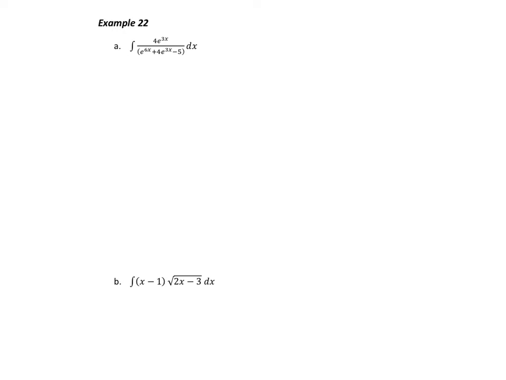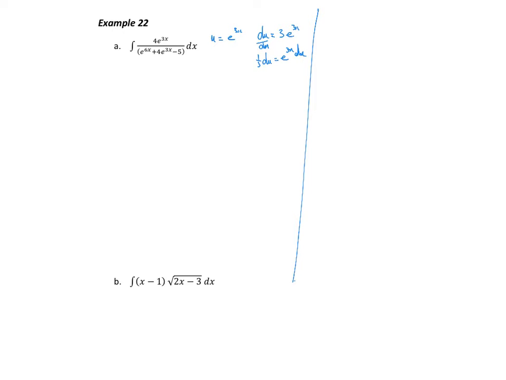All right, well, let's have a look. I'm thinking the bottom expression is a quadratic in e to the 3x. If I put u equal to e to the 3x, du/dx is equal to 3e to the 3x. So that means 1/3 du is equal to e to the 3x dx.